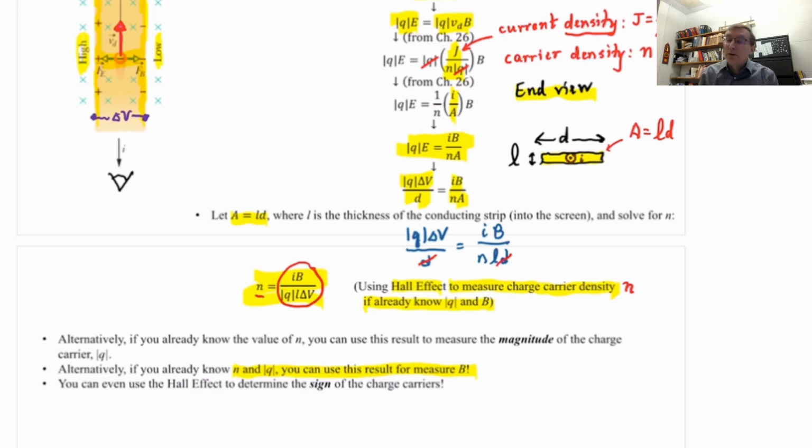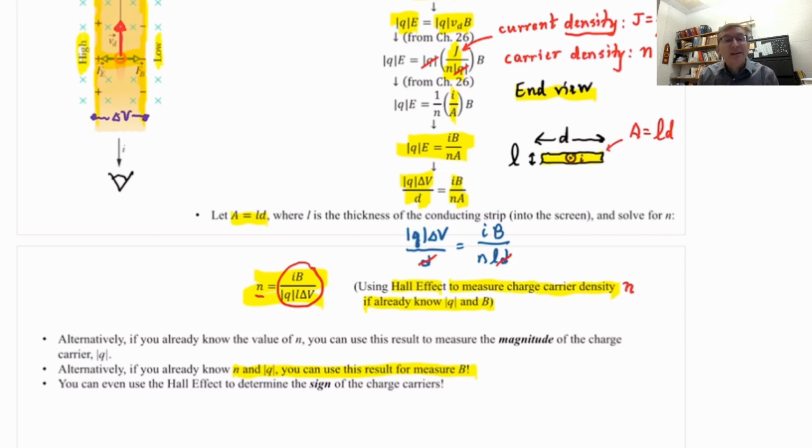Immerse the copper strip in some magnetic field and use this effect to measure the magnetic field. That is, in fact, what we're going to do in the next experiment in lab. We are going to use this Hall effect to measure B, magnetic field. Okay? Now, there may be a scenario, just to give you all possibilities, where you've got some conducting material, maybe some compound that you've made with your chemist friend.